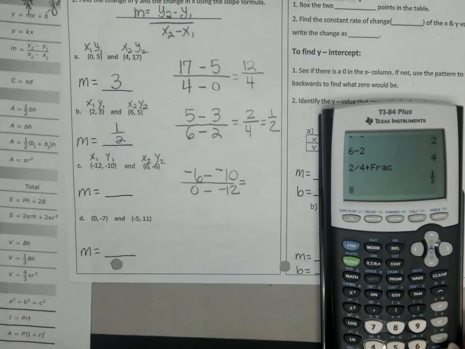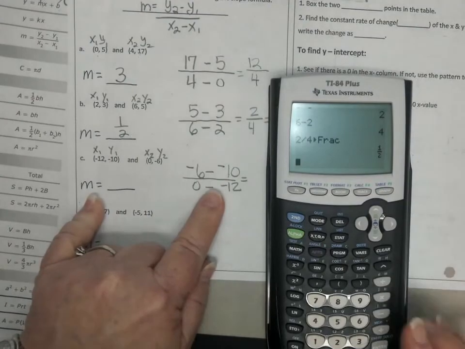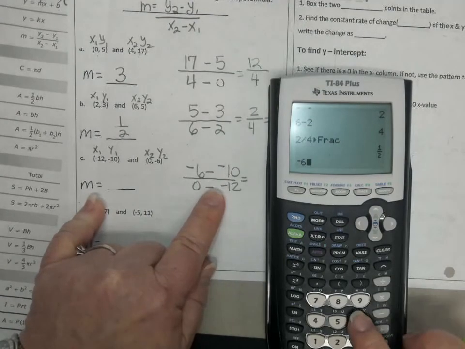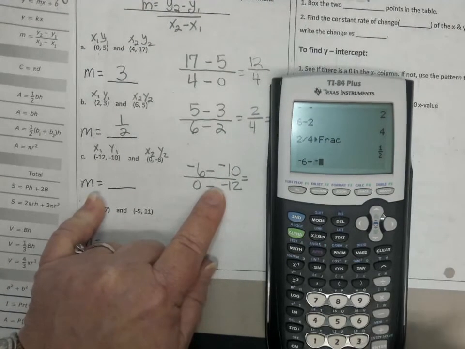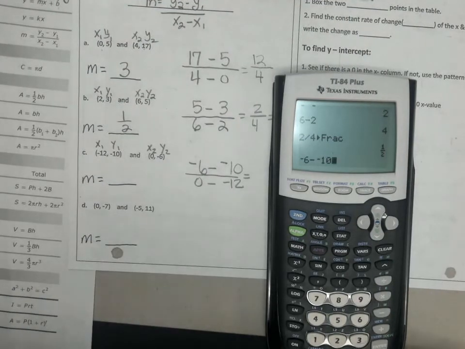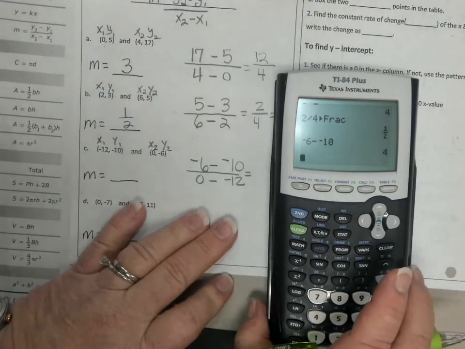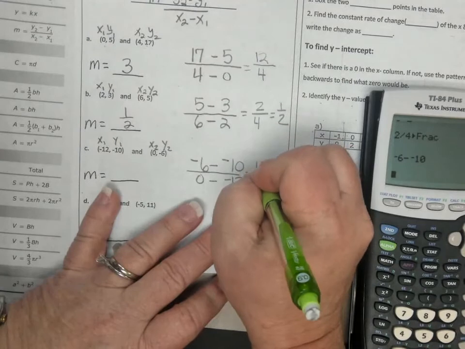So now I have to put them in my calculator just like I'm looking at them. So I have negative 6 subtract negative 10. I hope you're doing this with me, because if you're not, you are going to get lost and you are going to have a really hard time doing this practice. And I'm going to hit enter. Oh, it turns it to a positive 4.